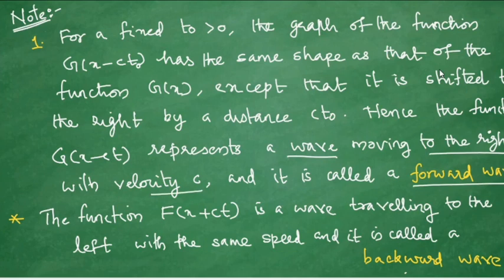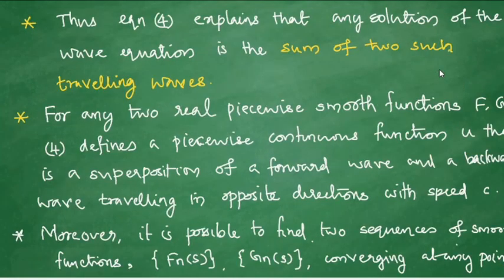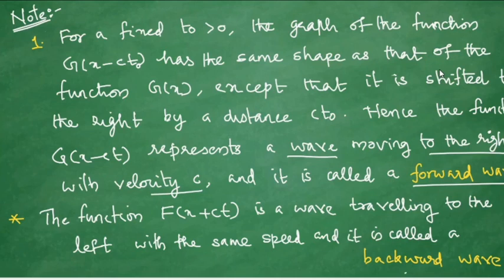Similarly, the function f(x + ct) is a wave traveling to the left with the same speed c, and it is called a backward wave. So obviously any solution of the wave equation, equation 4, is the sum of two such traveling waves, that is, a superposition of a forward wave and a backward wave.